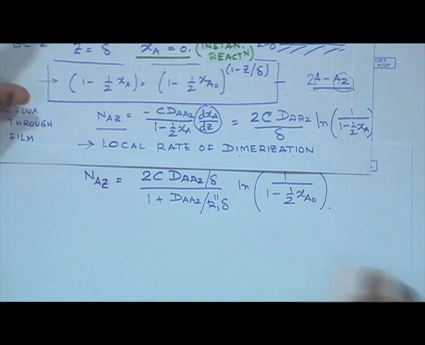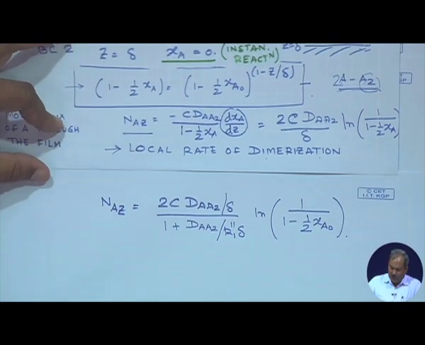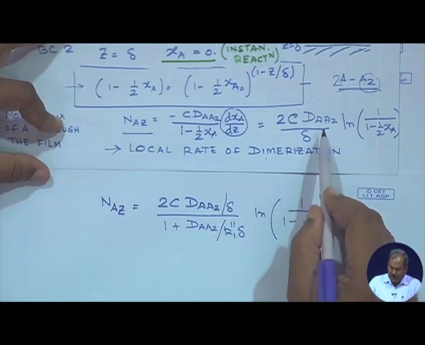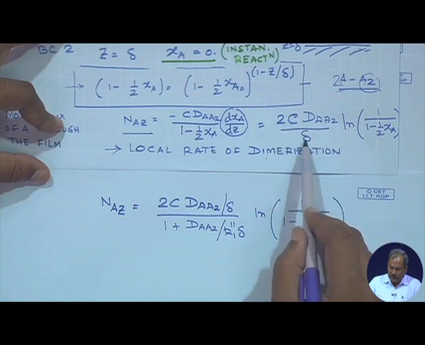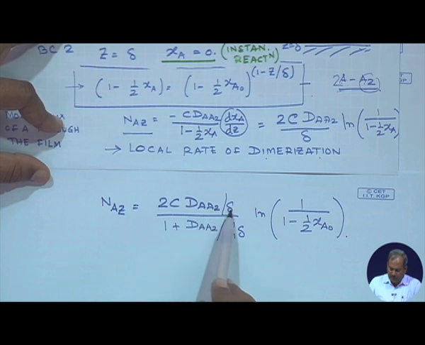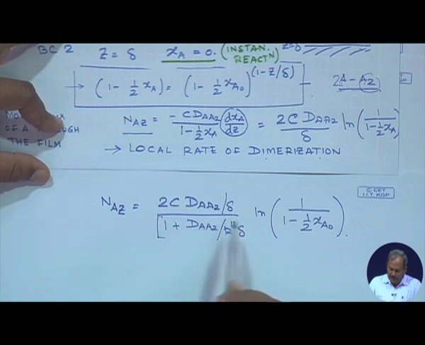Okay. So, again compare the result which we have obtained with the result that we obtained before, that is, the local rate of dimerization for a fast reaction is simply twice C times the diffusion coefficient of A in A2 by delta. So, we have this over here, but this is the additional term that we are getting since our reaction rate is finite.